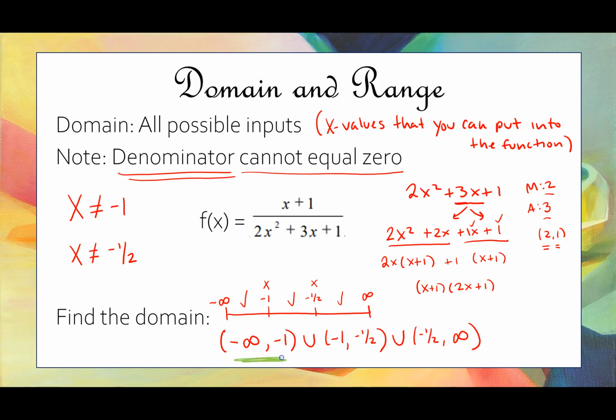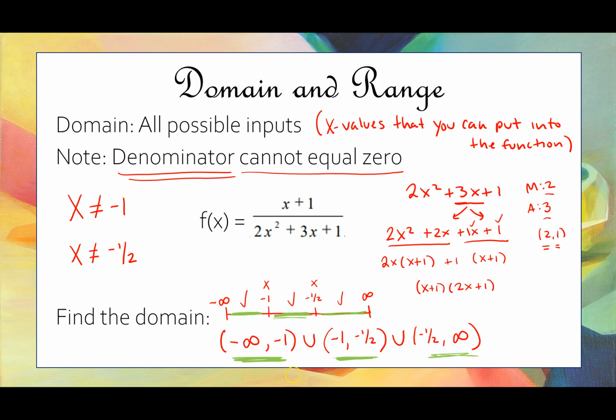This interval from -infinity to -1 is this. This interval right here from -1 to -1/2 is just inside here. And then last, of course, we've got this interval from here to here.